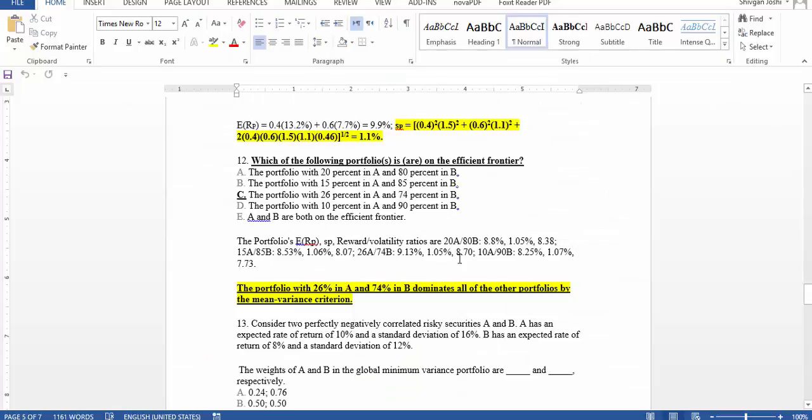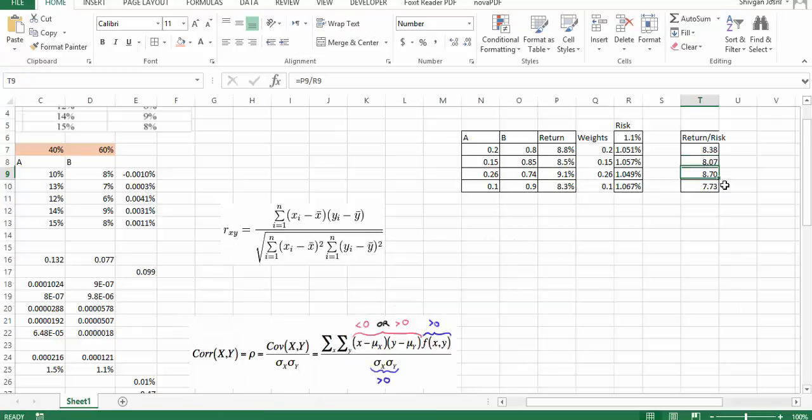So we are talking about, I think there is some error here, but we are talking about 26, 9.13, and these two are, I think this 1.05 is wrong, but 8.70. So we get 8.70 as the return by risk, and this is the portfolio that we are going to do.